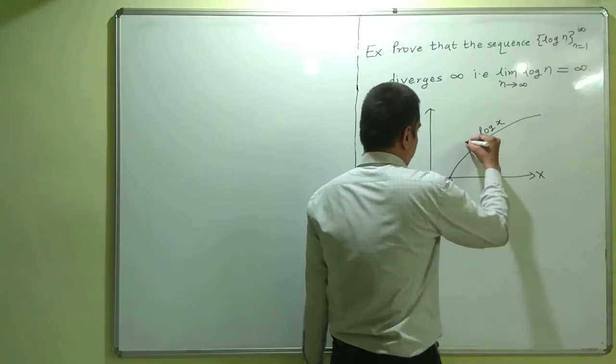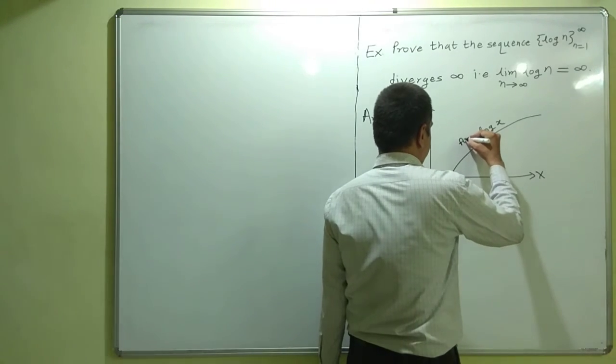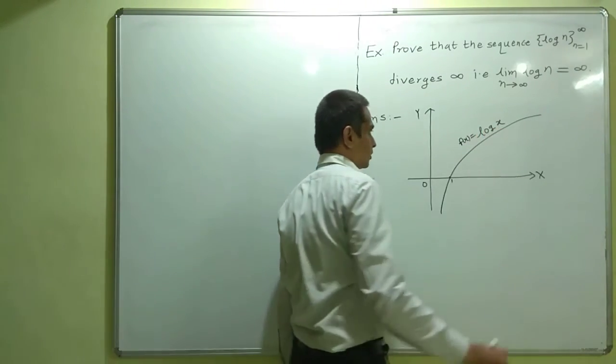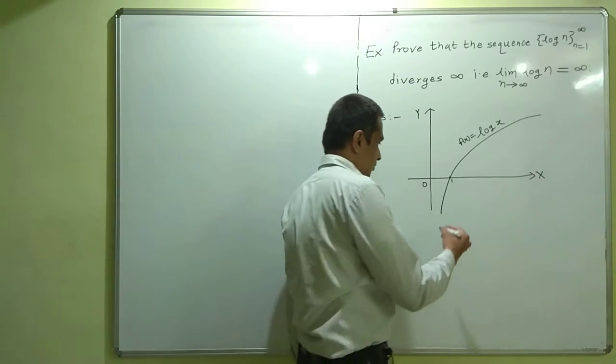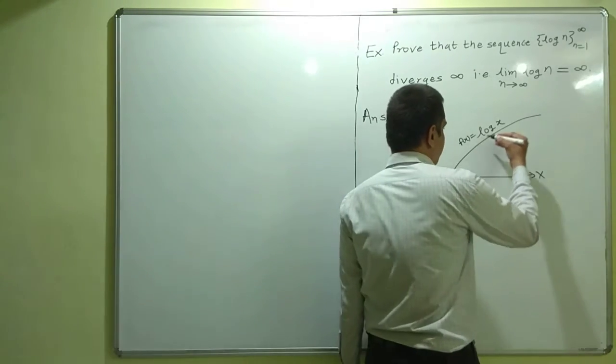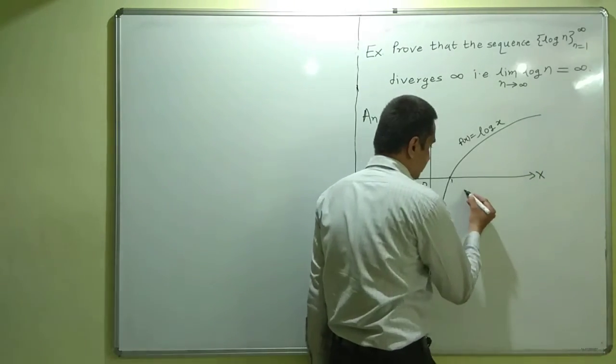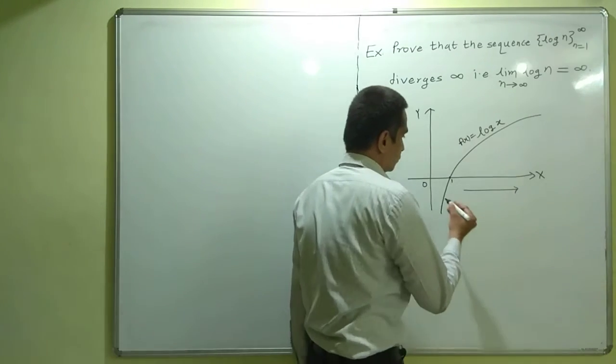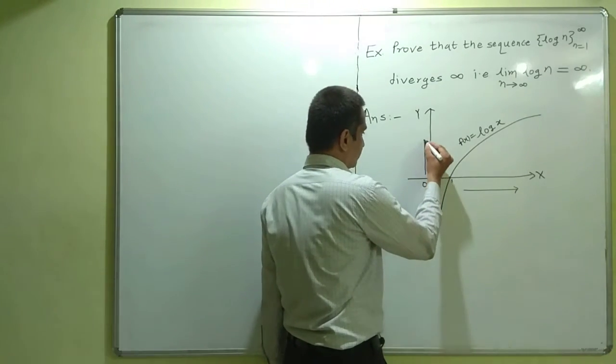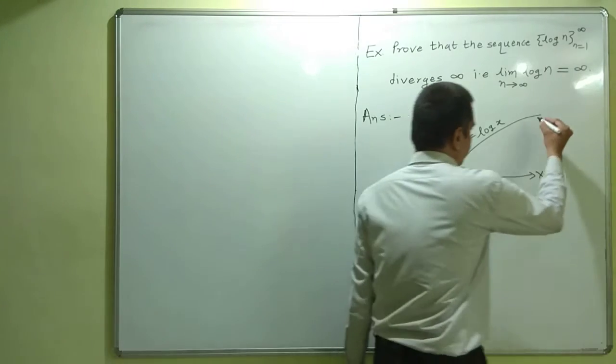So this is graph of f(x) equal to log x. As you can observe, it is increasing function. As x is increasing from left to right, it is also increasing from downwards to upwards.